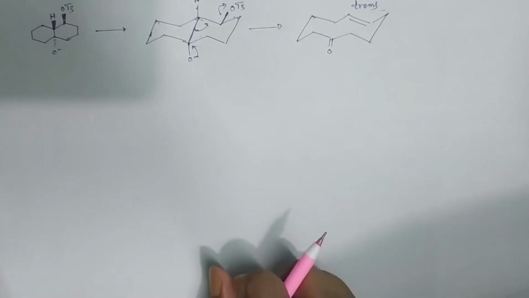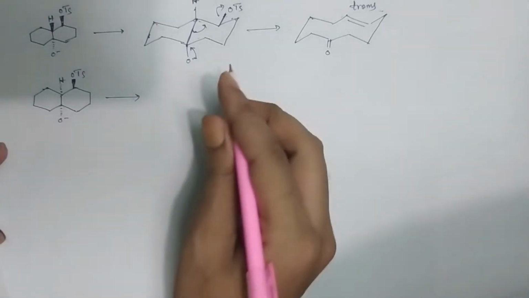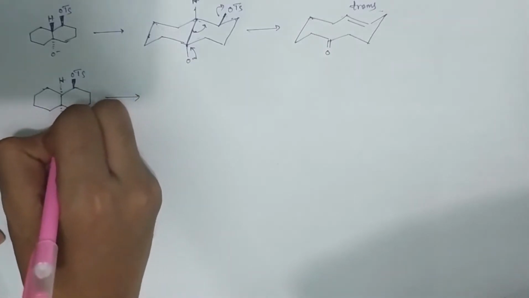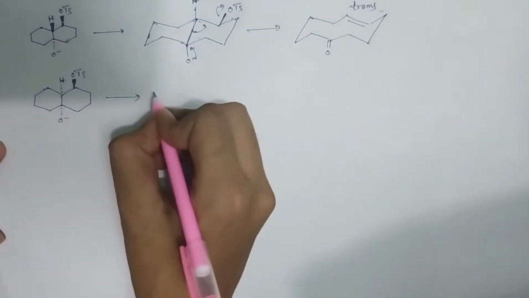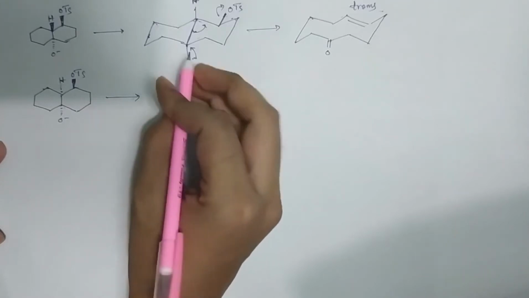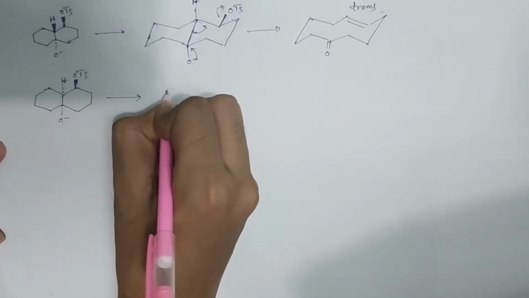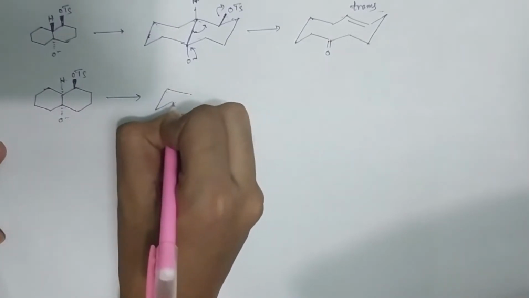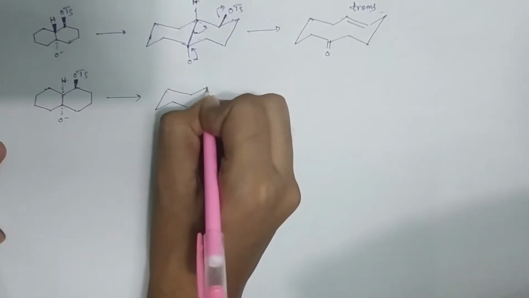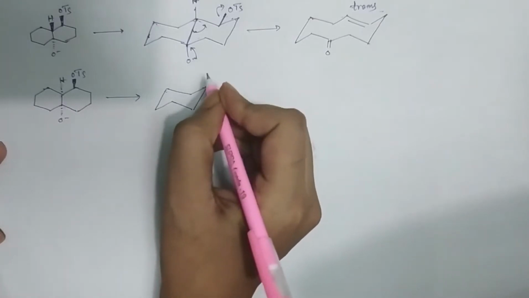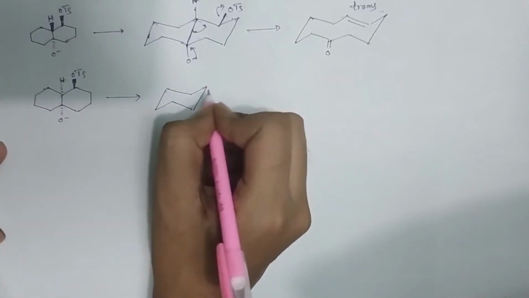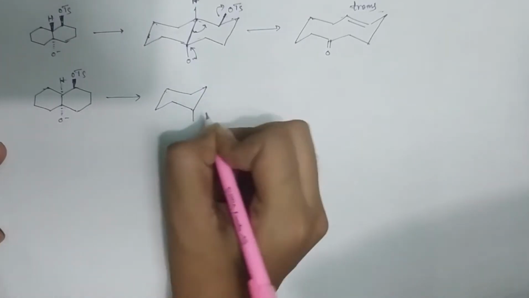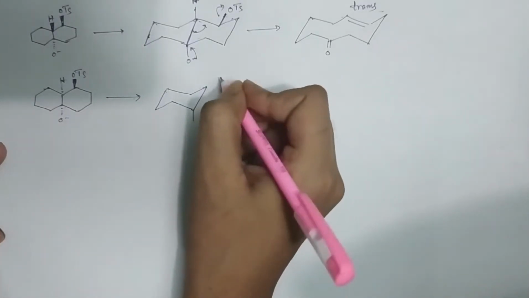Let's take a look at the other diastereomer. So this is a cis Decarin because the hydrogen and O minus are in the same plane. So we will draw cis Decarin. For the drawing we will draw at first a cyclohexane. So now H and O are both down, so we will draw just these things.